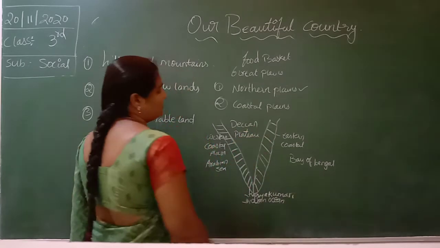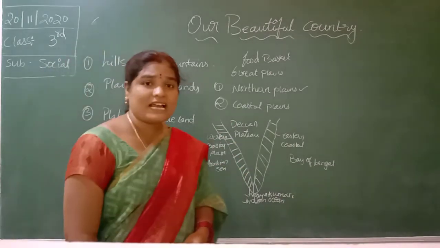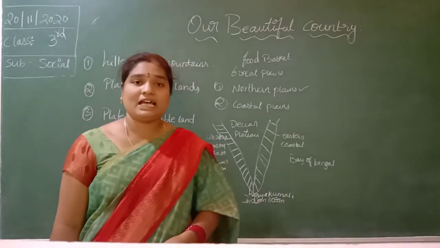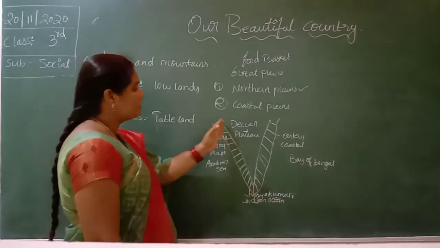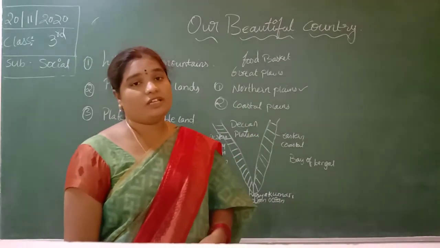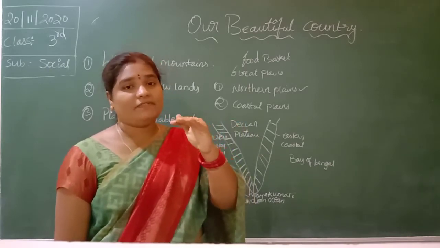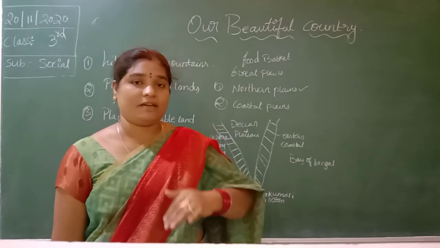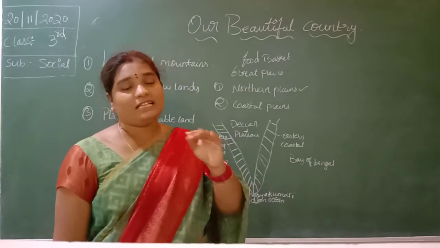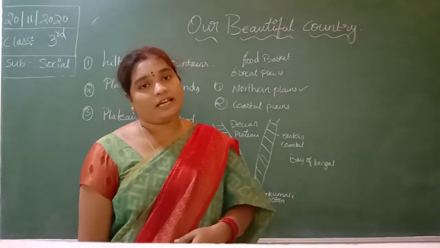The edges of these plateaus are covered by hills and rocks. The borders of the plateaus are covered by hills and rocks. The southern part of our country also extends towards the north, a small part of central India. Central India also extends into the Deccan Plateau.